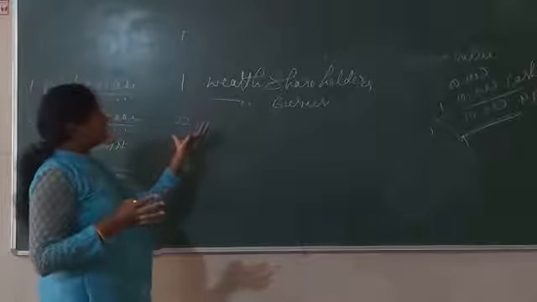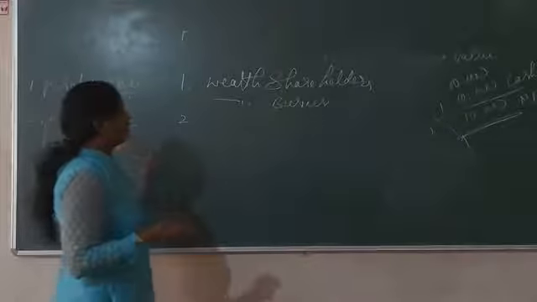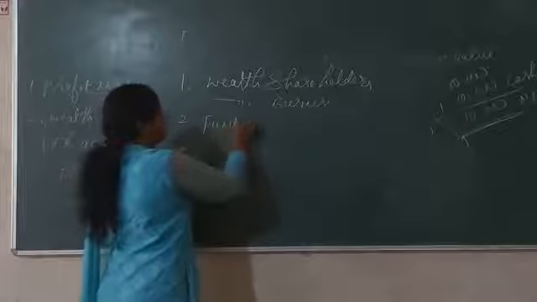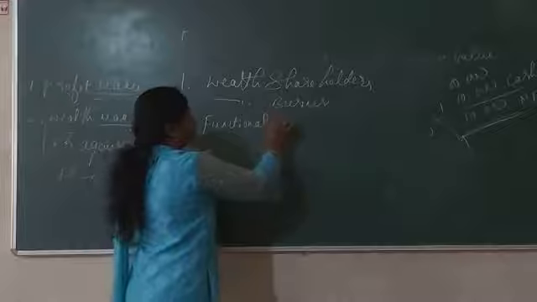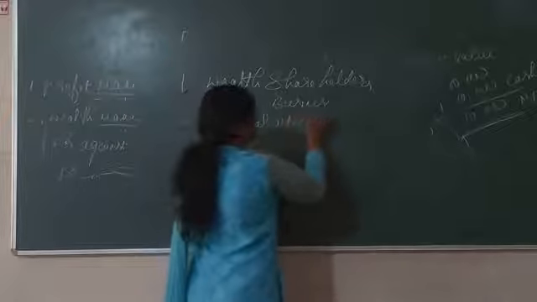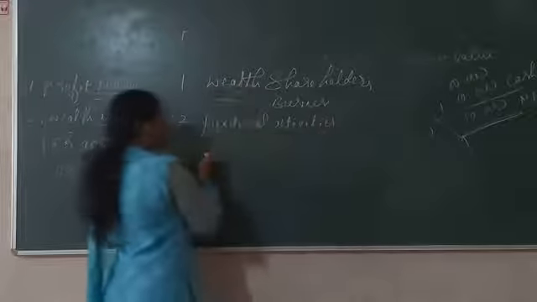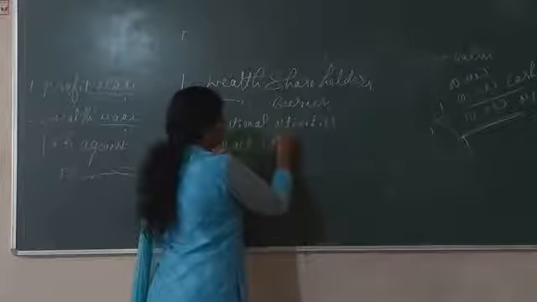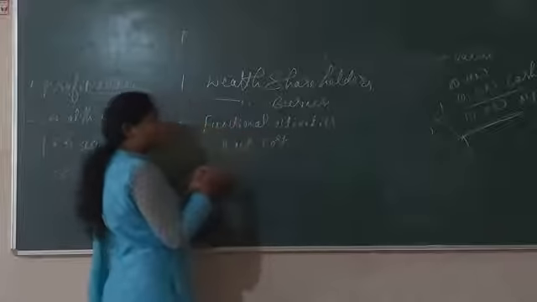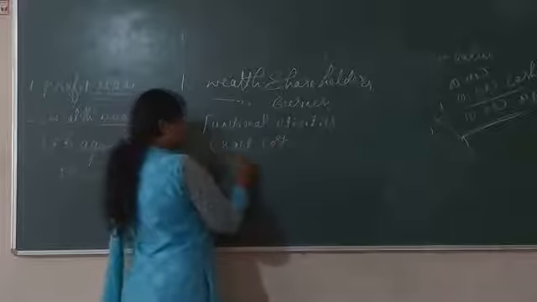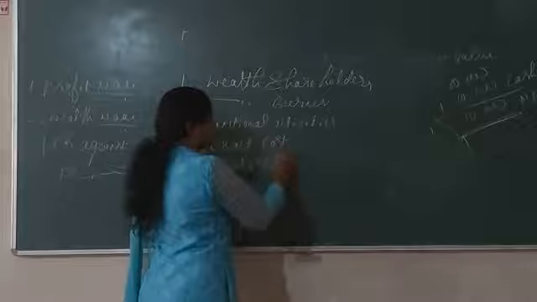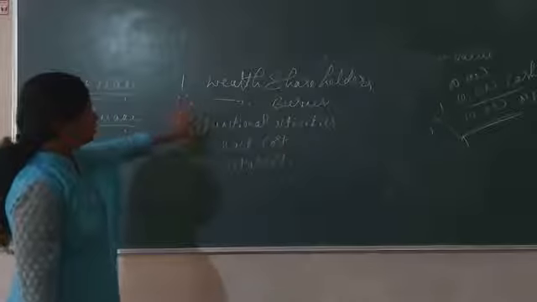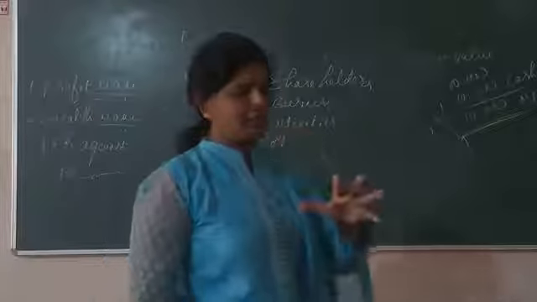In an organization, what functional activities take place, how much is the exact cost incurred, and overall the total cost incurred towards the business. This is taken into consideration by wealth maximization.